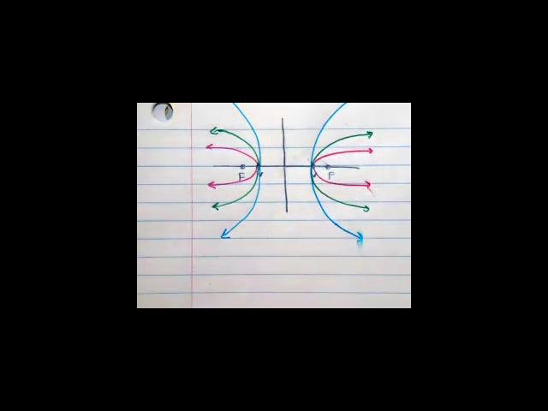So, I'll give you an equation of a hyperbola. We're going to do a graph of it. We're going to use b to help us figure out how stretched out it should be.